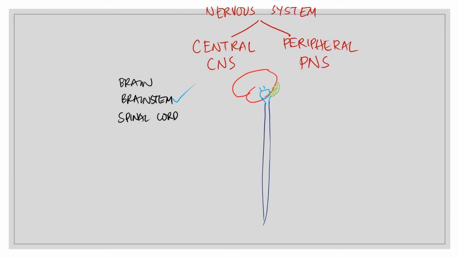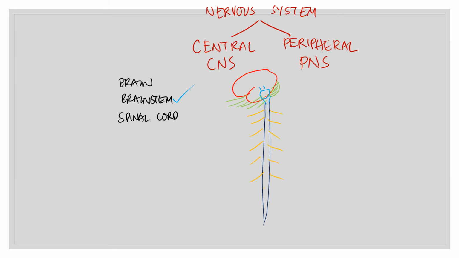How about your peripheral nervous system? Everything that is not in your brain, brainstem, and spinal cord would be your peripheral nervous system. And that would be cranial nerves coming out of your cerebrum and brainstem, and spinal nerves.